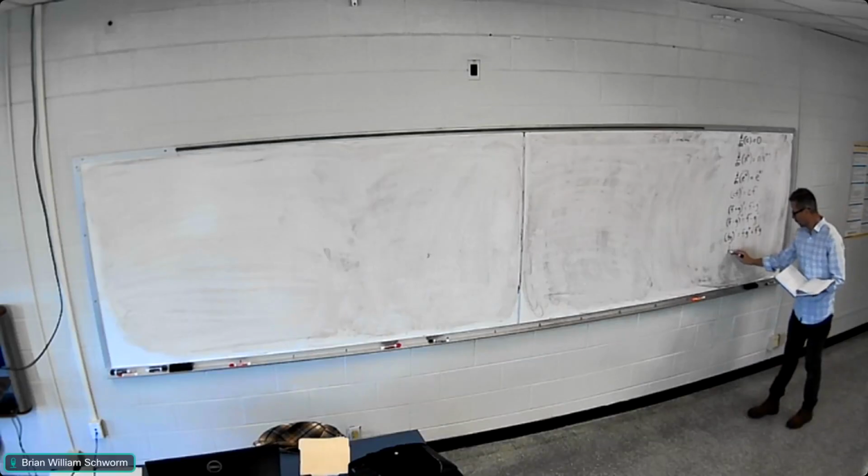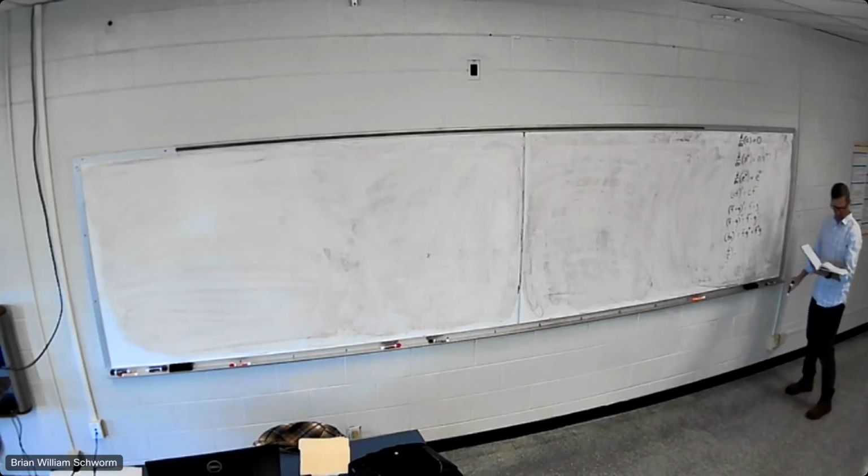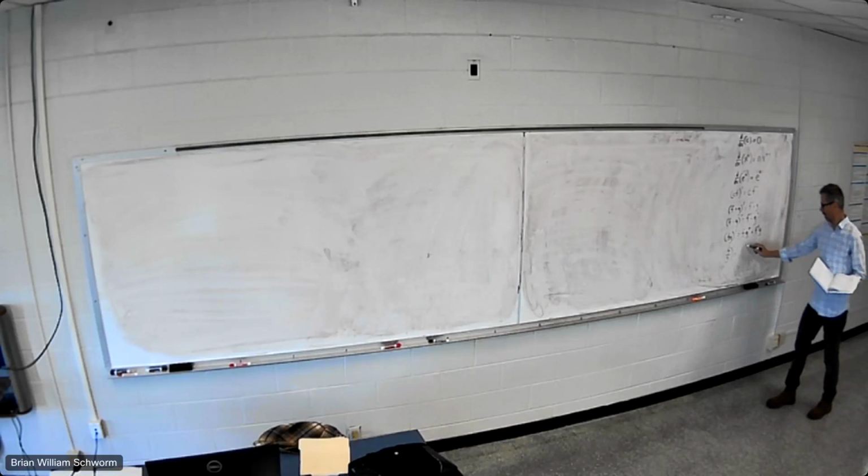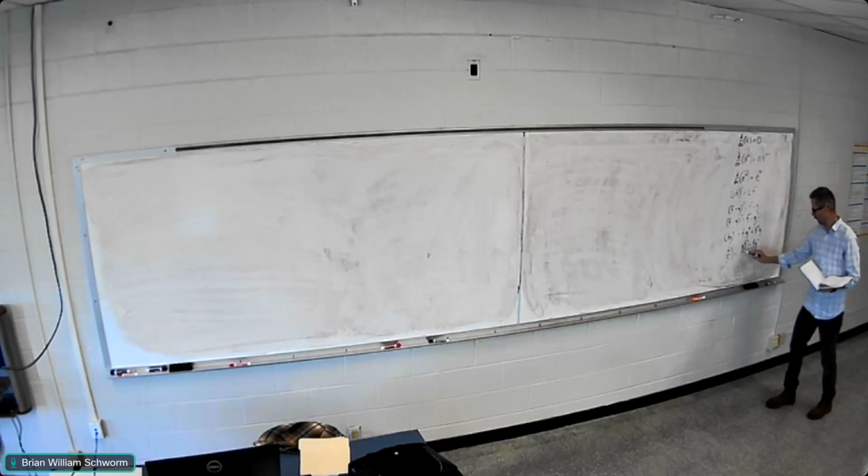And then the quotient rule, f divided by g. The derivative of that is the bottom times the derivative of the top, minus the top times the derivative of the bottom, over the bottom squared.